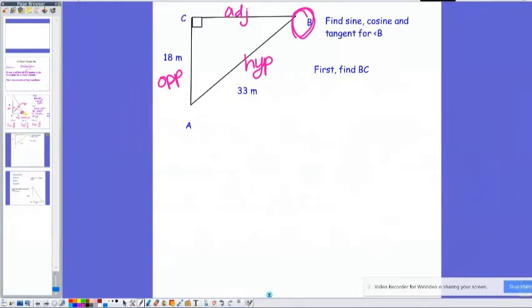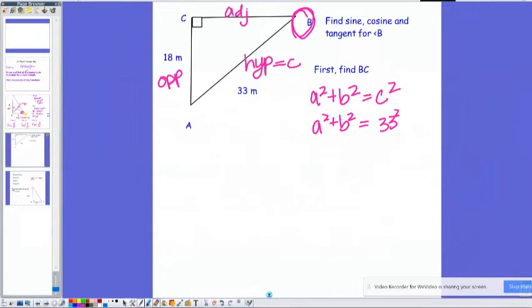We cannot find all of our trig functions, though, until we find that final side. So hopefully you remember the Pythagorean theorem is what we're going to use to find the third side of a right triangle. And the hypotenuse is always the side C. So 33 squared equals A squared plus B squared.